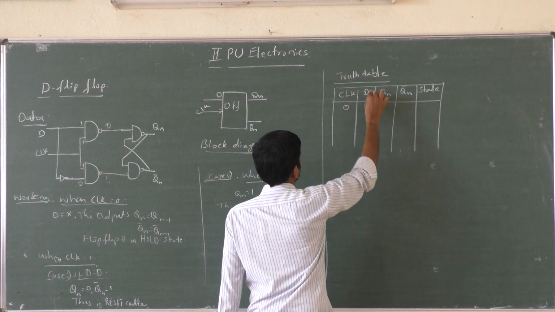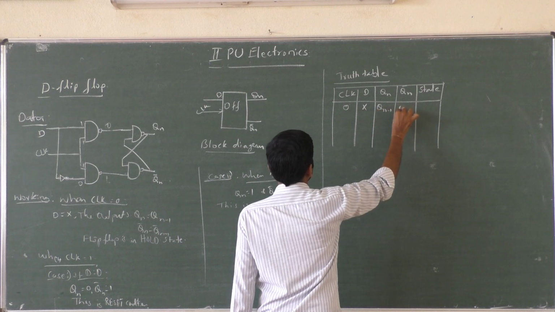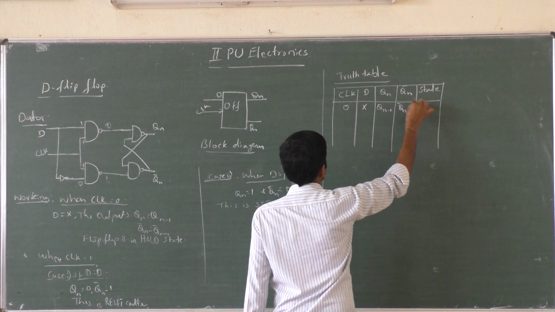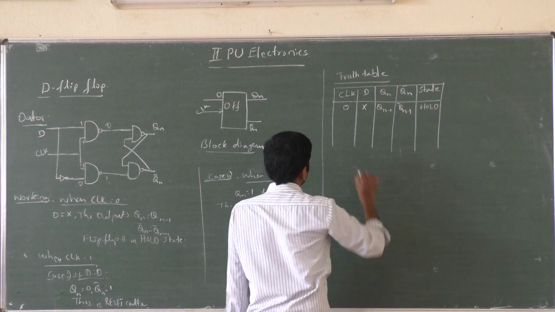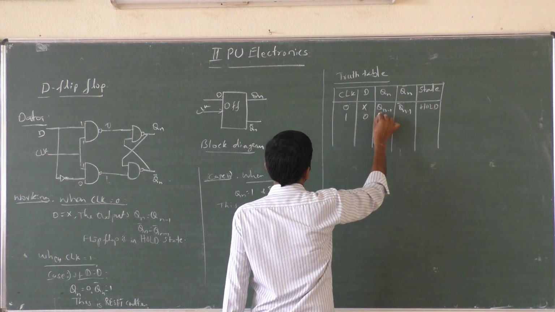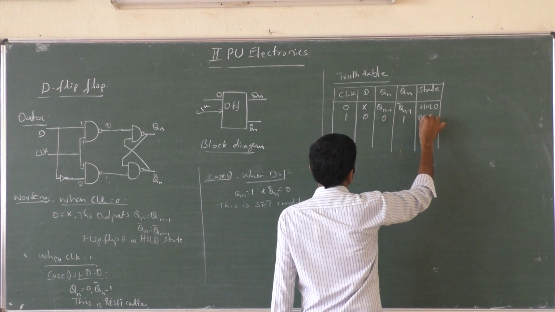Clock 0, D equal to X, Qn equal to Qn minus 1, Qn bar equal to Qn minus 1 bar. This is the hold condition. Clock equal to 1, D equal to 0, this is 0 and this is 1, reset.